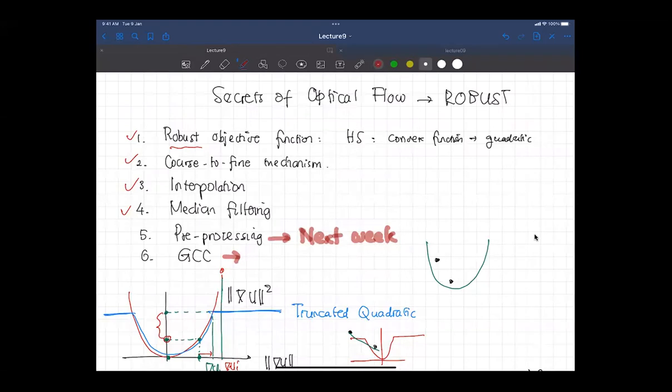So if you have this object, the bottle again, not only the intensity has to be the same after you move this object, but also the gradient of these pixels has to be the same when you move the object. So why GCC is a good idea is because, if you just rely on the brightness constancy constraint, that this brightness here is the same as the brightness here, what happens if you have an object like this?